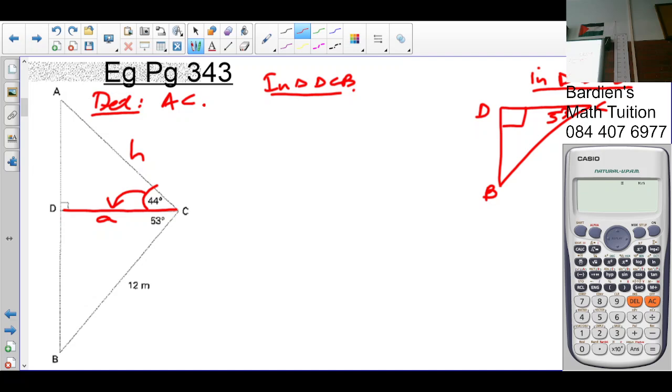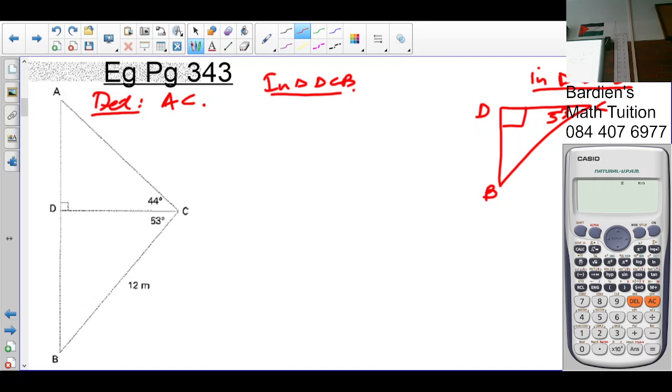Okay, let's go again. If you look at the information on this diagram, clearly I can't calculate AC immediately. As you could see, when I worked in triangle ABC, I couldn't have done anything. If we just had another side, then I should have been able to calculate AC. Not so.